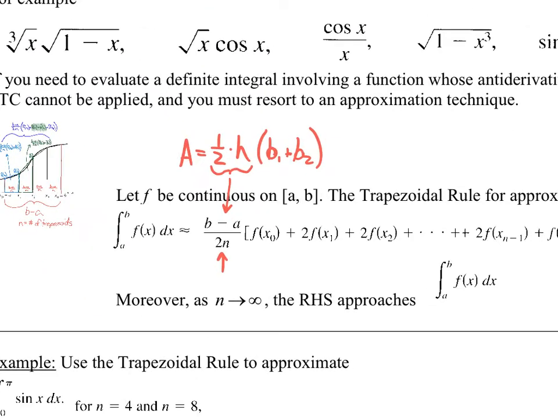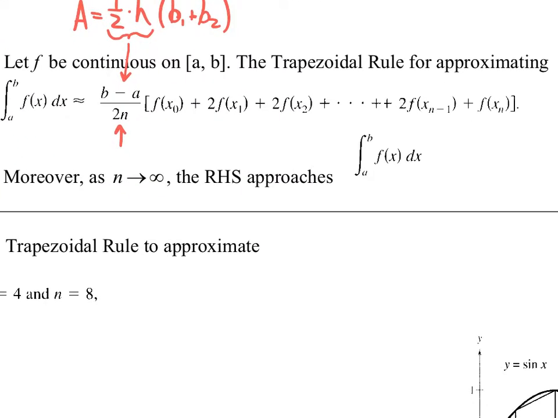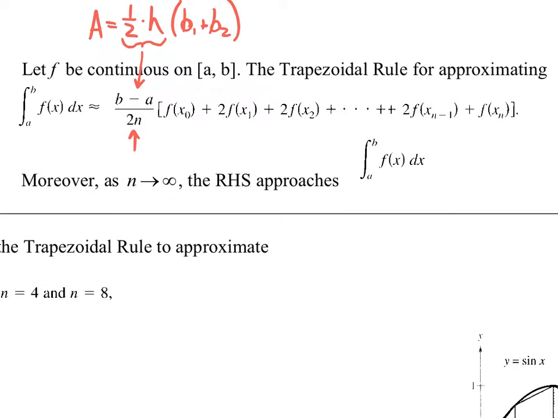So that's why our formula here, you'll notice each end is only used once, f of x sub 0 and f of x sub n. But all the middle ones are used twice because they're the base of one trapezoid and they're the base of the next trapezoid. Okay? Once you get that idea down, this actually is a pretty simple method to use.